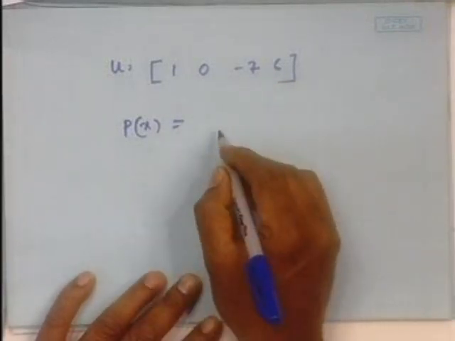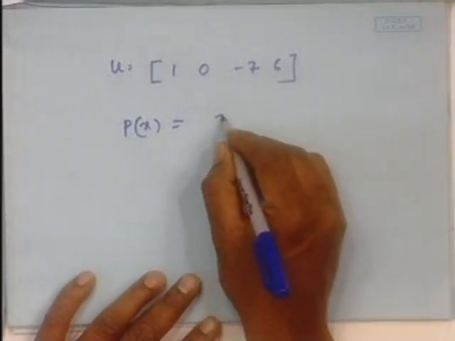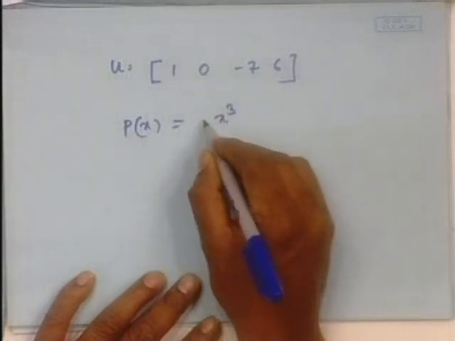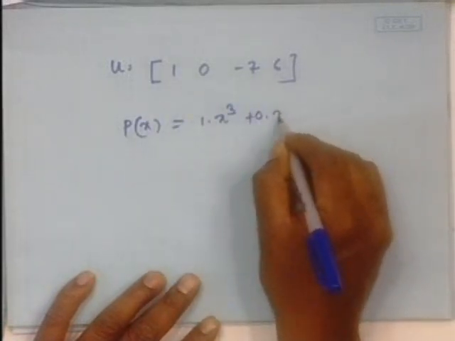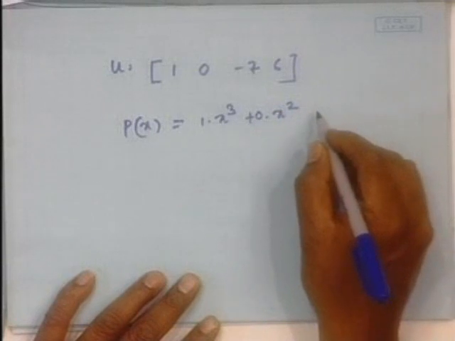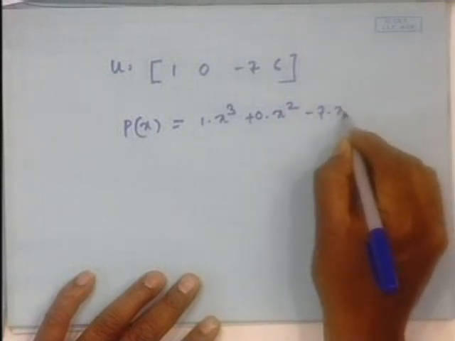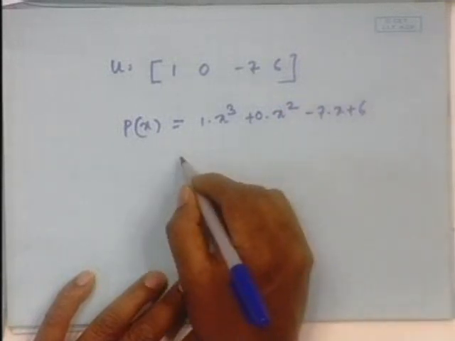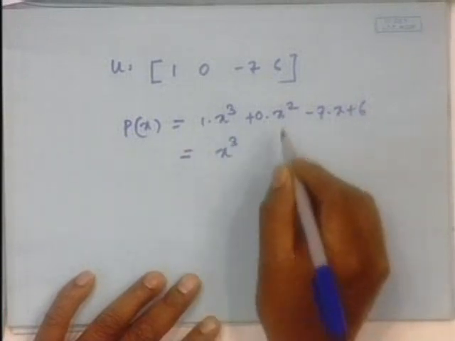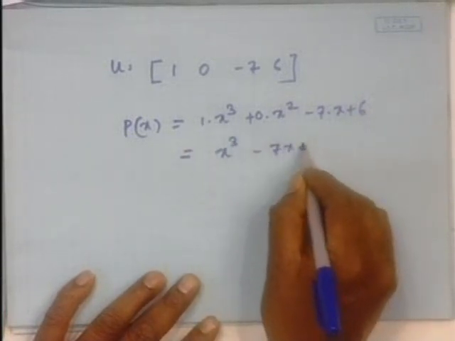So, it is a third order polynomial. Third order means I can write x cubed multiplied by 1 plus 0 multiplied by x squared, is it not, minus 7 multiplied by x plus 6.